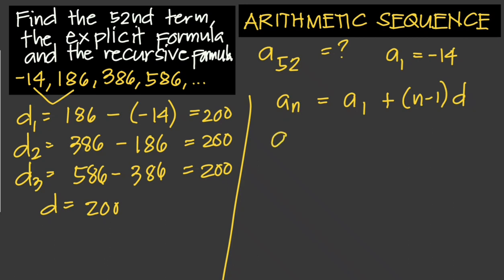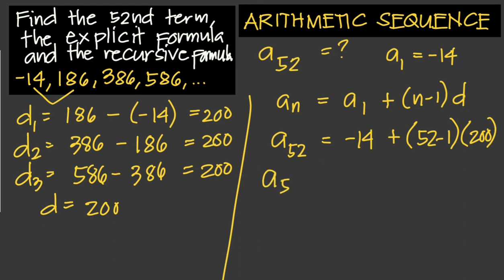So our a sub 52 is -14 plus 52 minus 1 times 200.